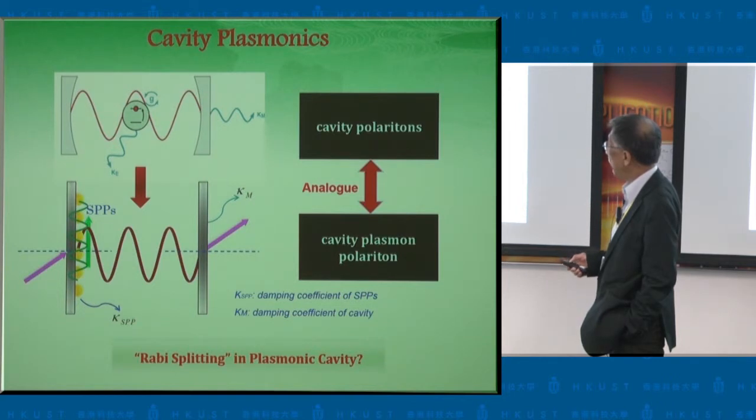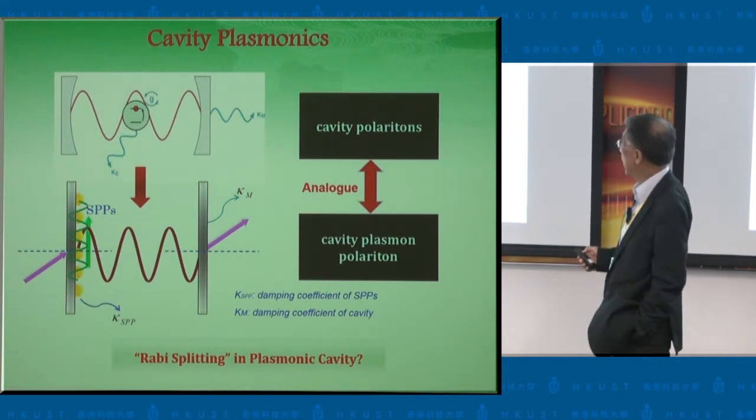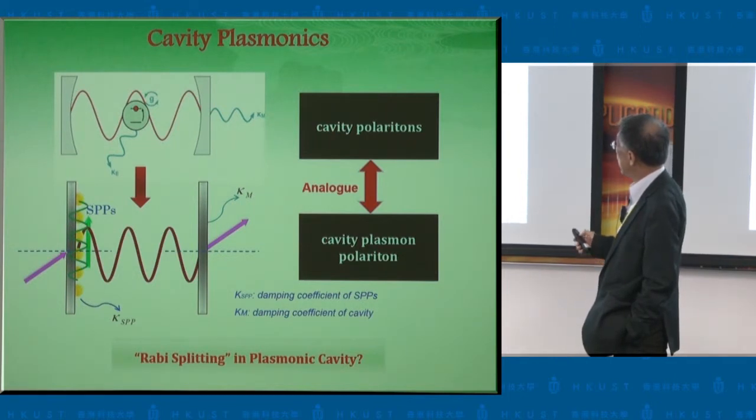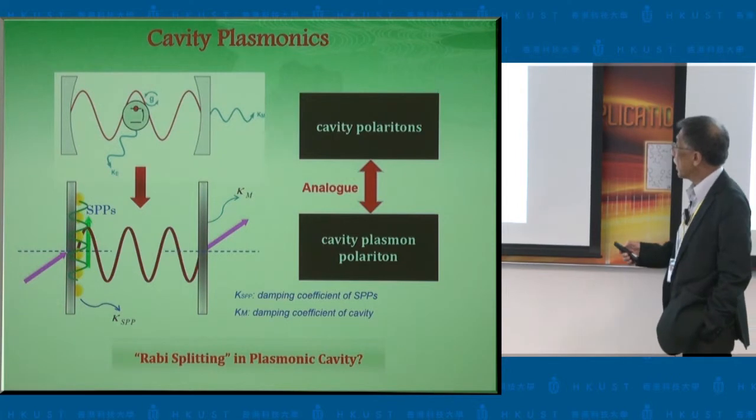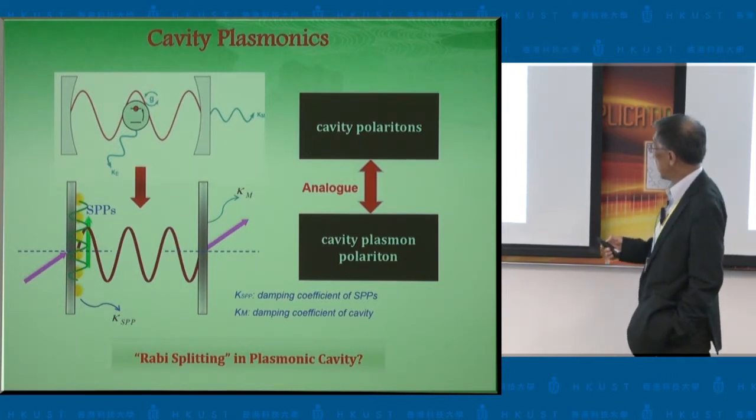In our case, in comparison, we have an SPP formed on one of the sides of the silver, for example a metal, so it's called a metal reflector. Here you have a microcavity, and now you cause the SPP to couple to the cavity mode, and then you have a cavity plasmon polariton, which we can analogize to the cavity polaritons we just talked about.